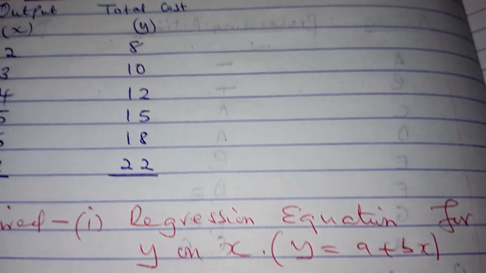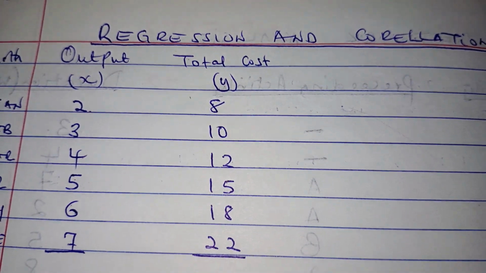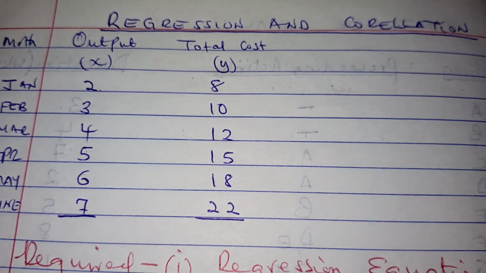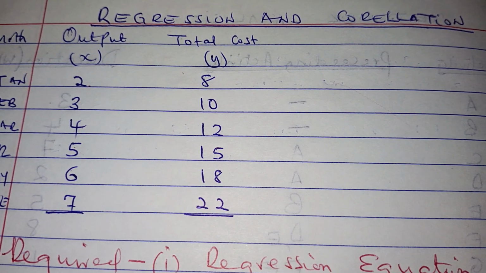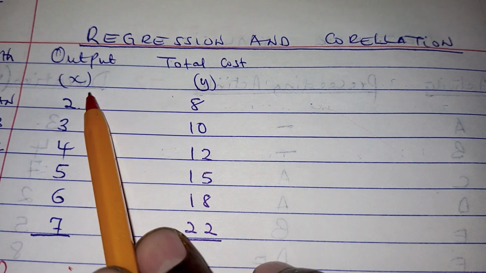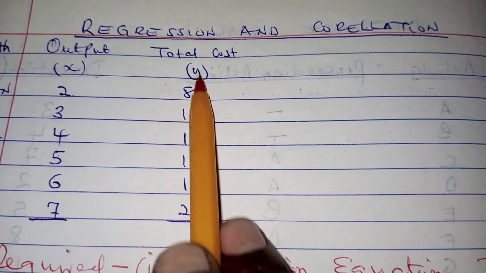In solution to this question, the first thing to do is to get two more columns. We have the x column, we have the y column.